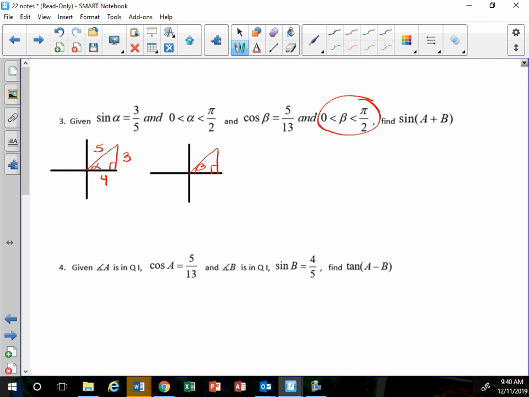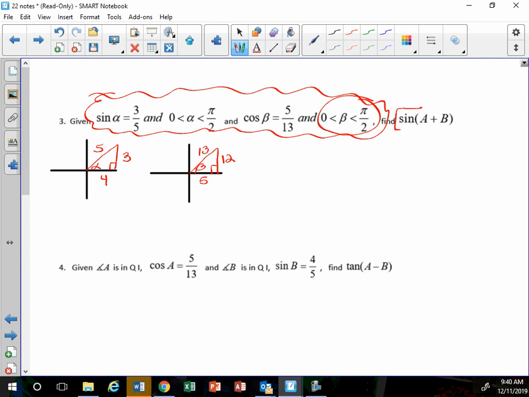The x value is 5, the horizontal piece is 5. Hypotenuse is 13. You guys know the other side? 12. Good. Okay. So all of this information is given to you just so you can draw those 2 triangles. That's all it does.